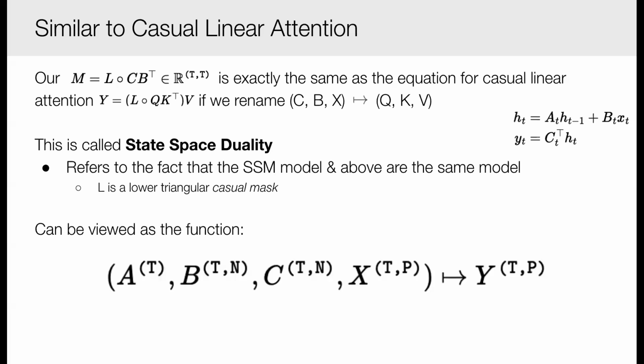So you're training it sort of like a transformer, and then using it in the general RNN sense that we've been doing since last lecture. L is essentially a lower triangular causal mask. Question: is this what you train it as, replacing the convolutional mode kind of? Basically, yes.